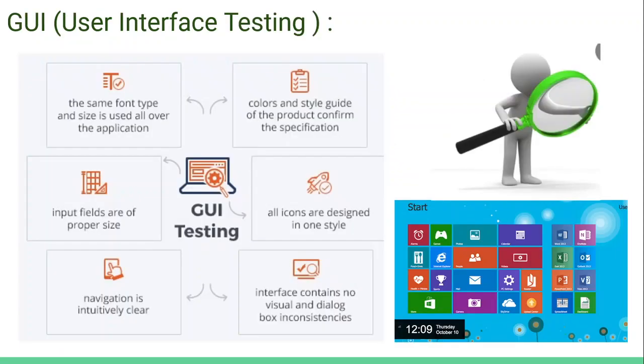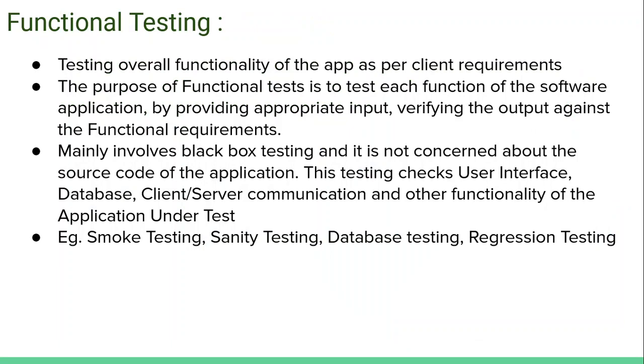GUI testing is graphic user interface testing, meaning the look and feel of the website or application needs to be tested. Functional testing means database testing, smoke testing, sanity testing, regression testing, and testing the client-server communication and other functionality, right? So it is a black box testing and it is conducted by the tester.